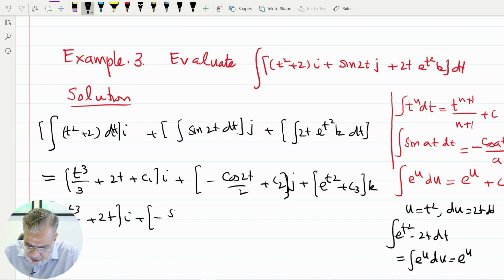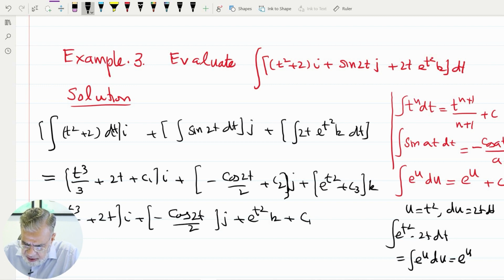minus cosine 2t over 2 j plus e to the t square k plus c1 i, c2 j, and c3 k.